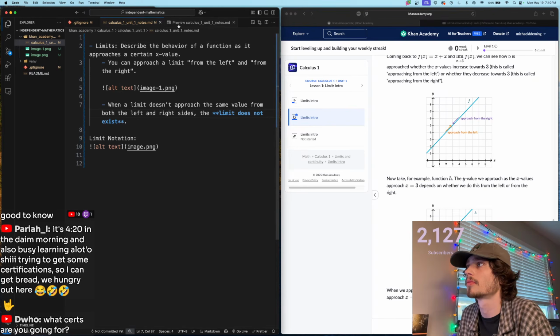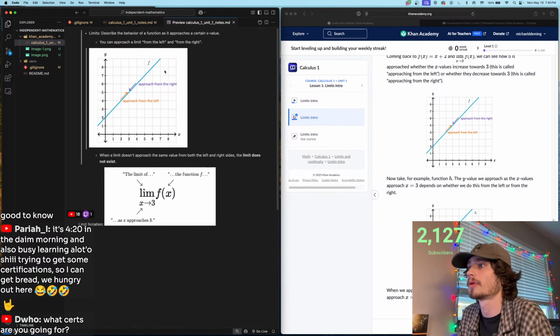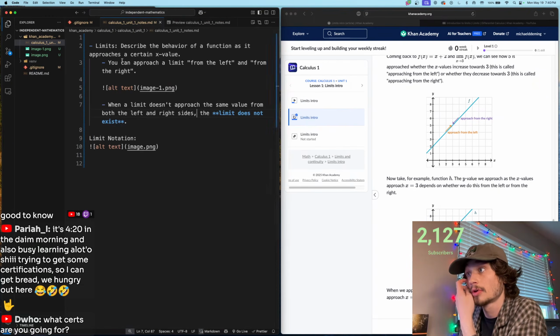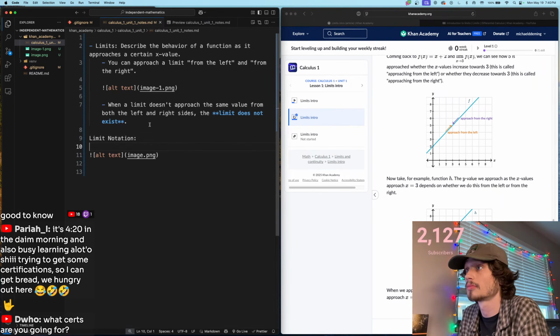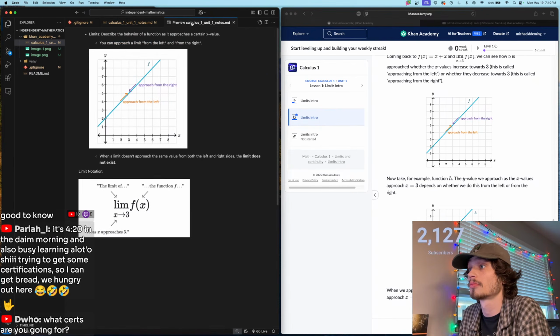There we go. Limit notation. Cool, that looks good.